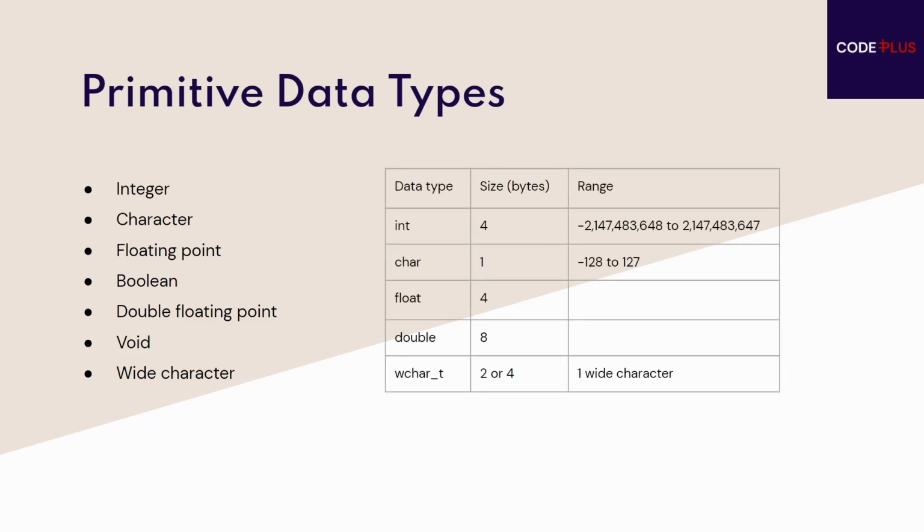Here are the keywords, sizes and ranges of these data types. For example, the keyword used for integer data types is int. It requires 4 bytes of memory space, which ranges from -2^31 to +2^31 minus 1.